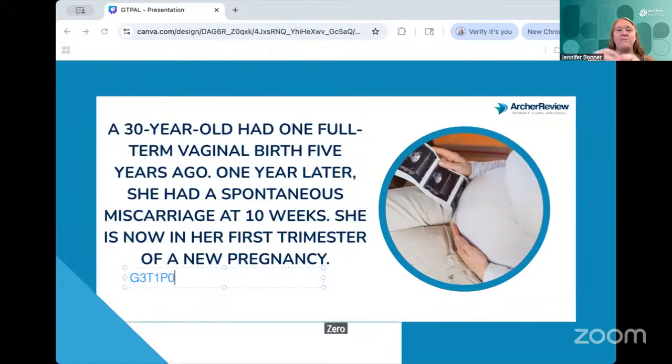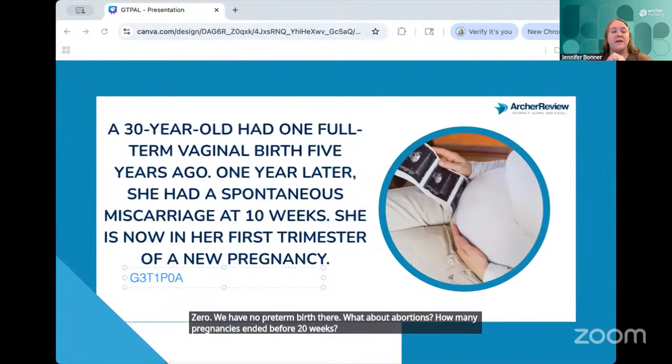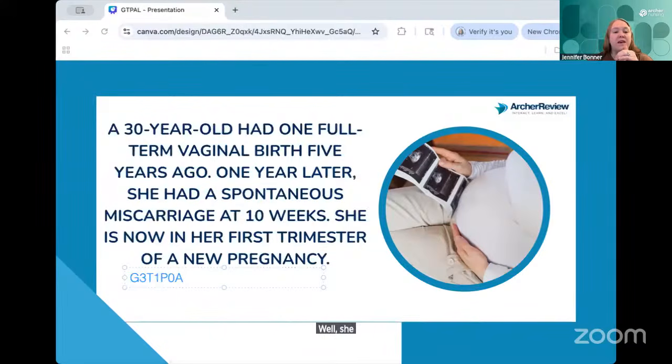Zero. We have no preterm births there. What about abortions? How many pregnancies ended before 20 weeks? Well, she had this 10 weeker. So that would be A1.